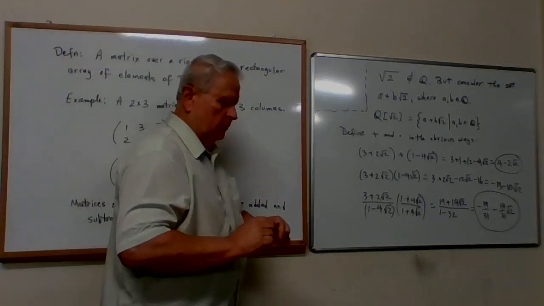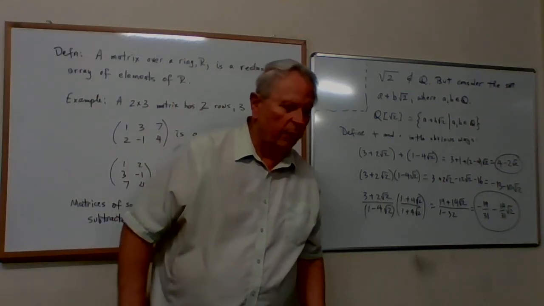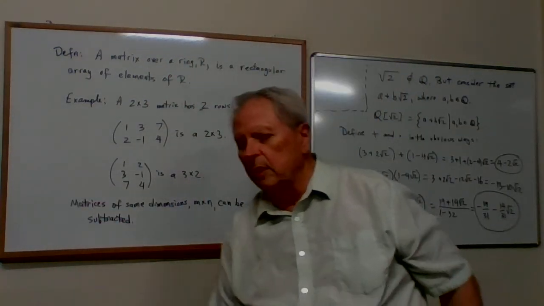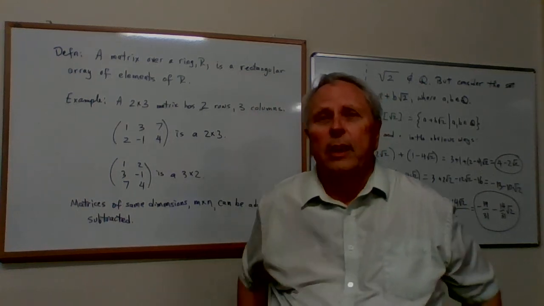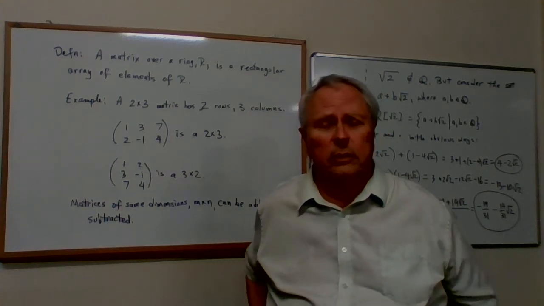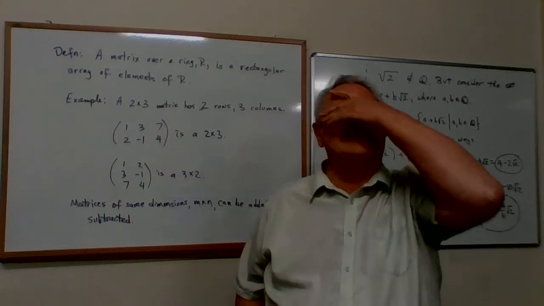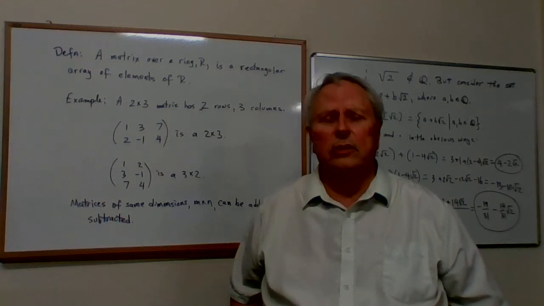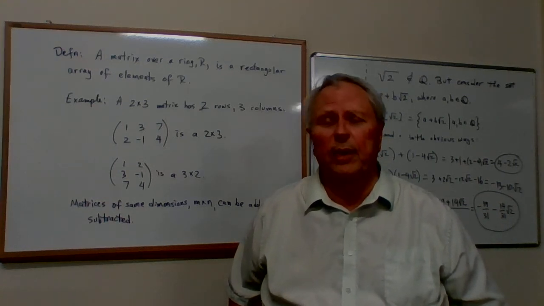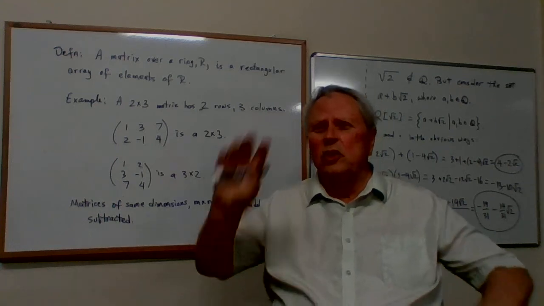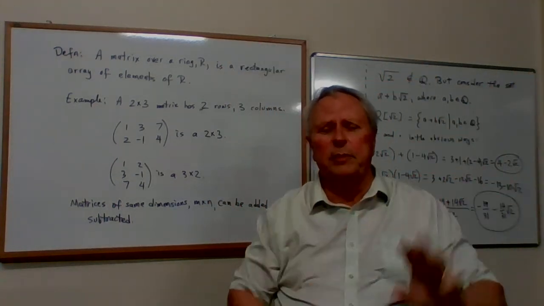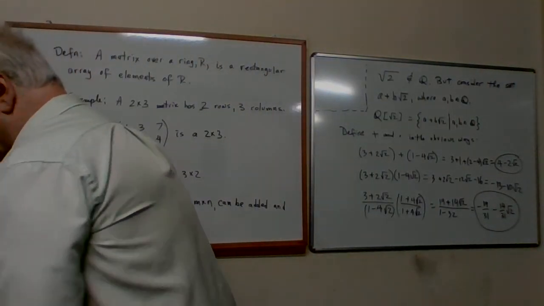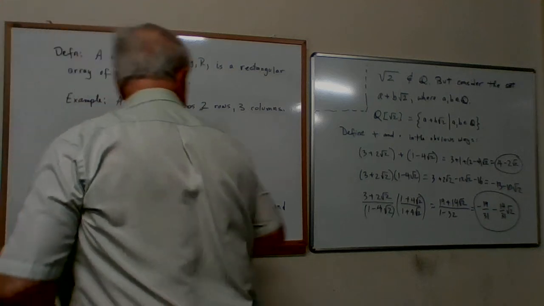If I have a 3 by 5, not the card, but the matrix, I can add it to another 3 by 5, and the result would be 3 by 5. I could subtract a 3 by 5 from a 3 by 5 and get a 3 by 5. And the way that you do that is you do it entry by entry, which is why they have to be the same size. So let's do an example or 2 of those after I get this other board erased.